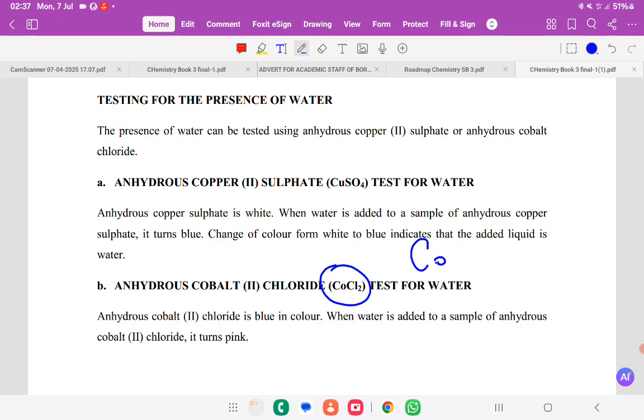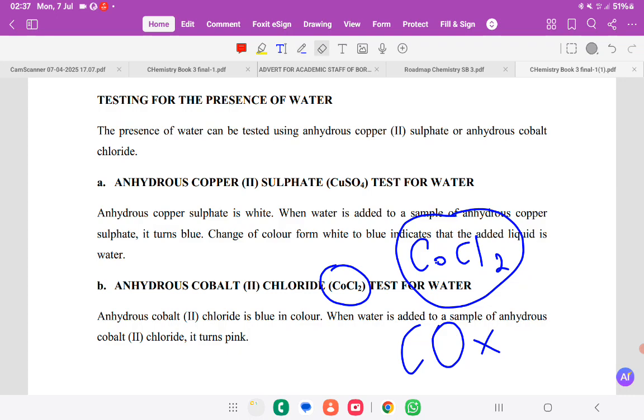It's different from carbon monoxide. CoCl2 is what is called cobalt chloride. It can also be used for testing a substance if it contains water.